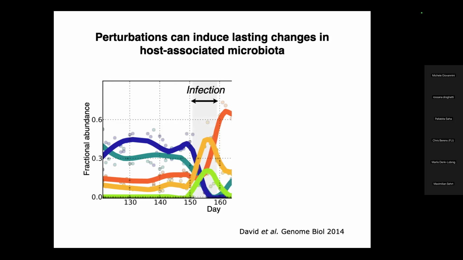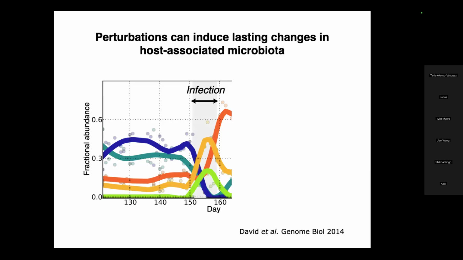And then one day, this individual got an infection. It was a salmonella infection. And we see this group in green that goes up and down in a process that took more or less about 2 weeks for the infection to kick in and then for the subject to heal.